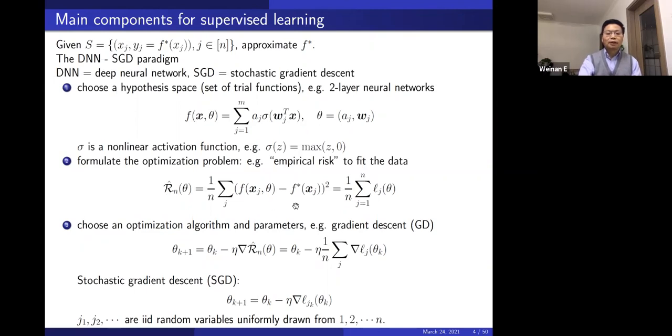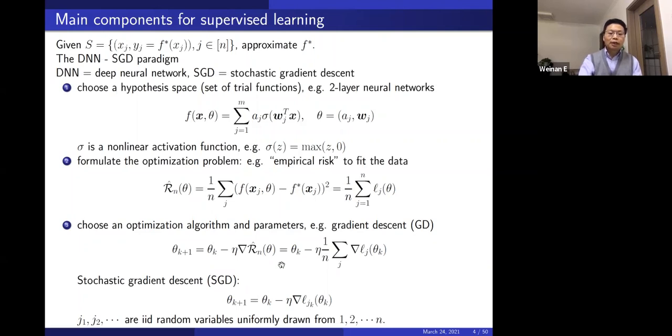This is a very natural choice, and we can have more general choices of these so-called loss functions, also called empirical risk. The third component is to solve this optimization problem. The simplest idea would be the gradient descent algorithm, where eta is the learning rate. This is the standard gradient descent algorithm: we take the gradient and we move one step.